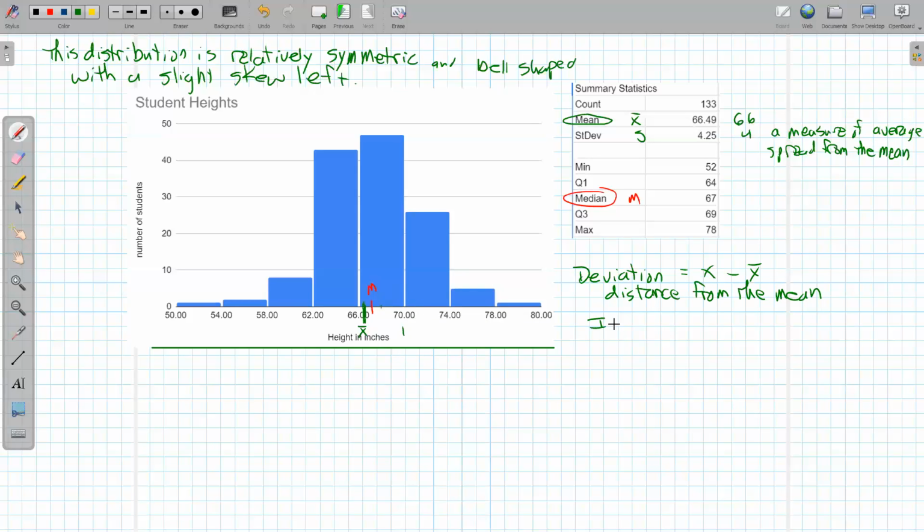So for example, if X equals 70, then the deviation for 70 would be just 70 minus 66, which is 4. On the other hand, if X was equal to, say, 58, then the deviation for 58, it's always the X value minus the mean, right? So that would be a -8, which means they're 8 below average, 4 above average.